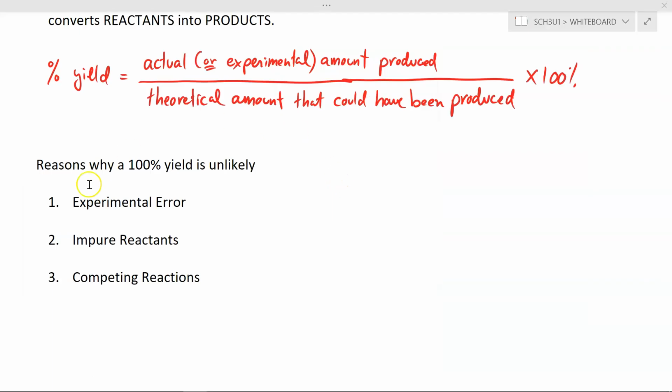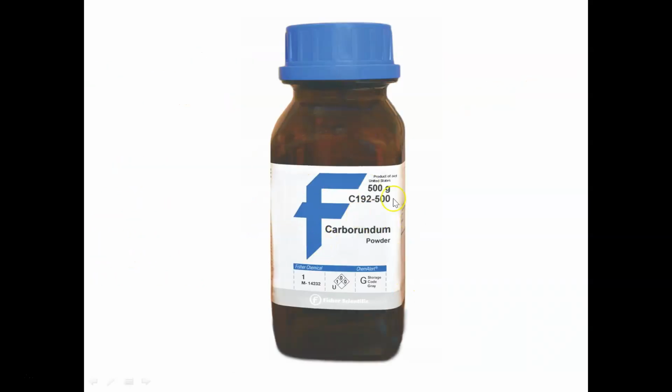Now, the second reason why you won't get 100% yield is due to impure reactants. So when you buy a chemical from a manufacturer, they can't guarantee that every single atom inside that bottle is what you purchased. There will always be some sort of impurities. So typically these labels on the back will say, oh, it's 99.9% pure. Or if you really want the cheap stuff that I use for my grade 9s, it'll just say 95% pure.